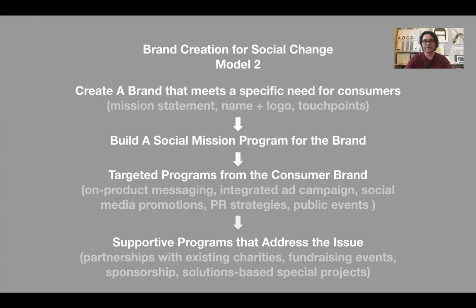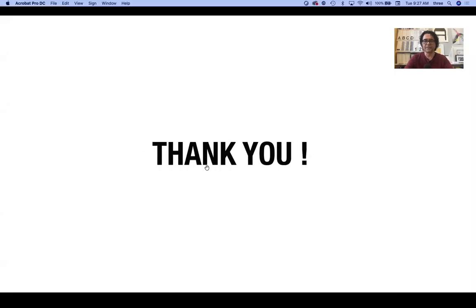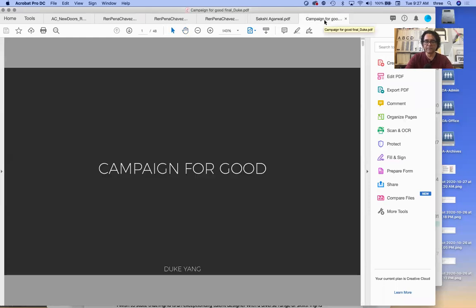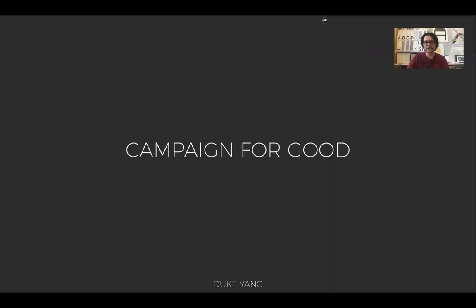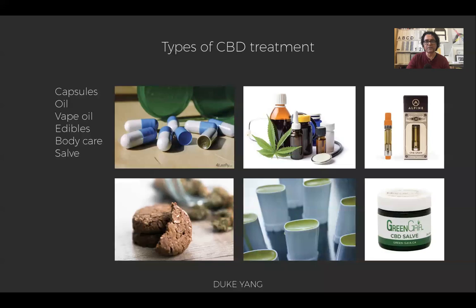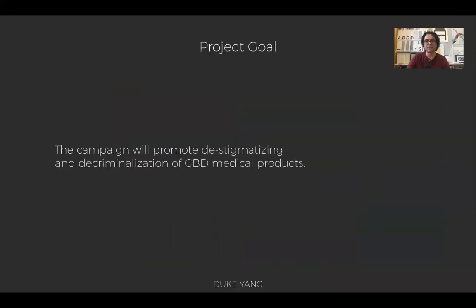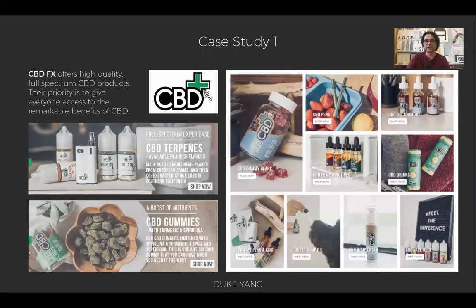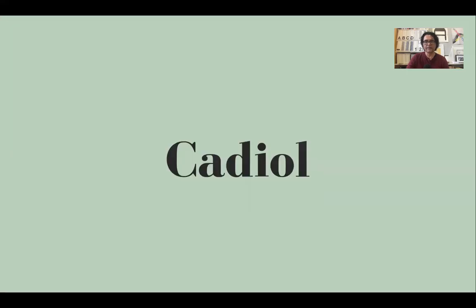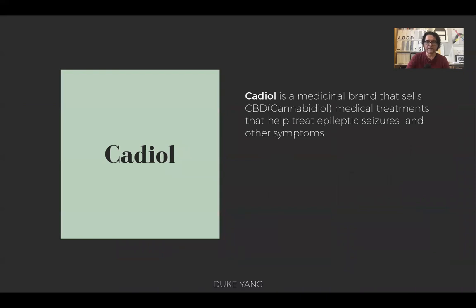And the best example of that, and I won't go through this because I've already gone through it, is this campaign I showed you a couple of weeks ago, I think, where epilepsy was identified as the issue, and CBD treatment was kind of like the solution, but to make that more mainstream and to take on epilepsy by creating a brand that provided medicine that was CBD based, and mainstreamed it into the US and Asia.